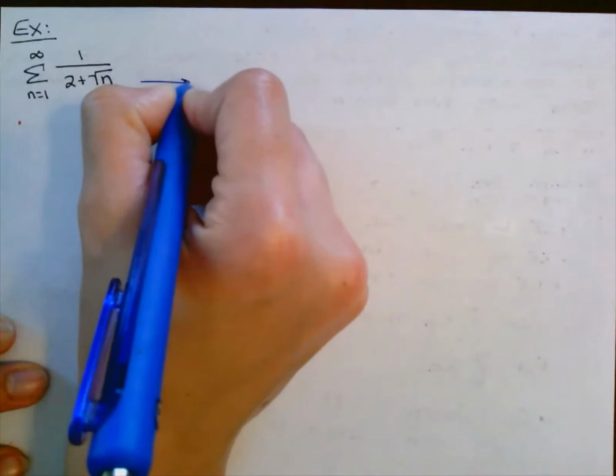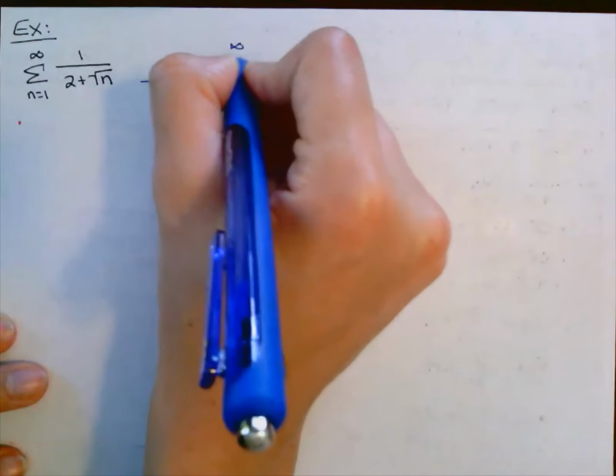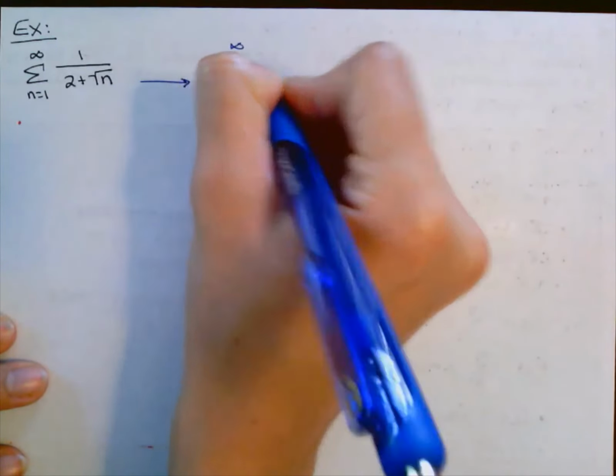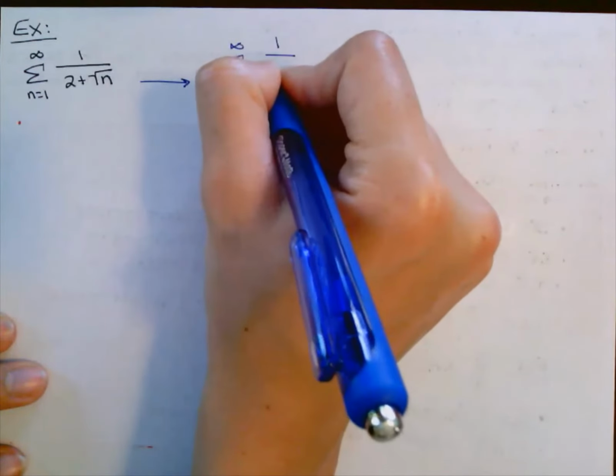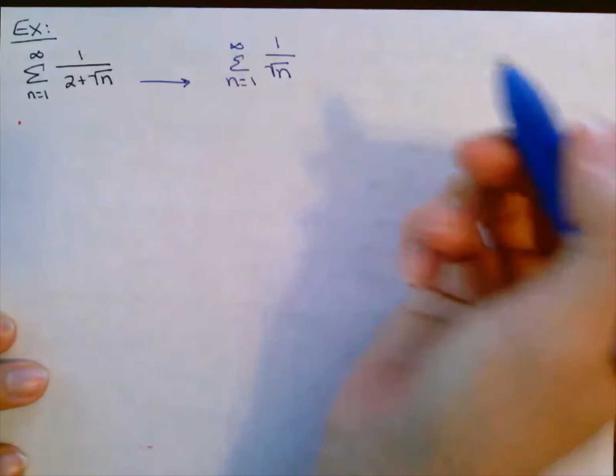This next question is talking about the infinite series of 1 over 2 plus square root of n. Now, if I was talking about 1 over square root of n, then that's going to look familiar. That would look like a p series, okay? So let's compare it with the infinite series of 1 over square root of n, okay?